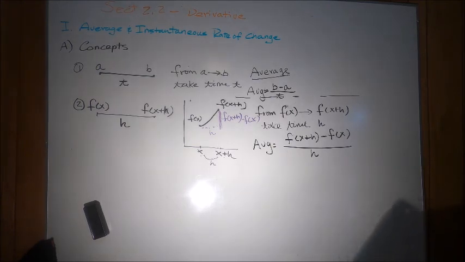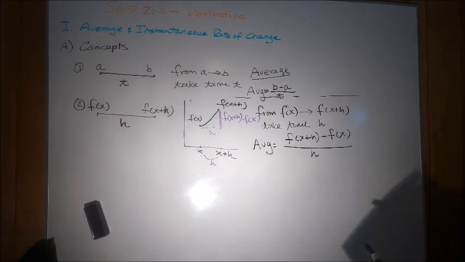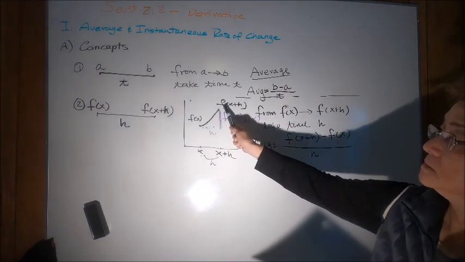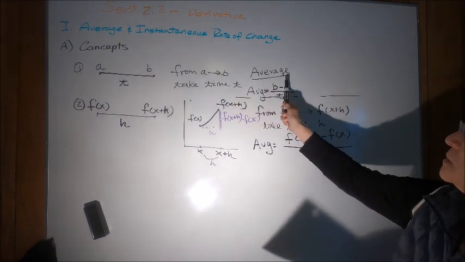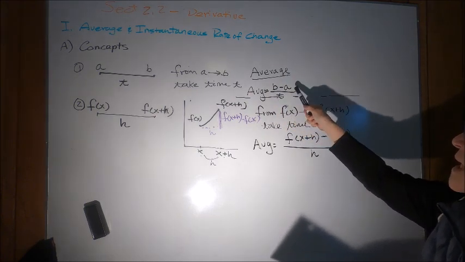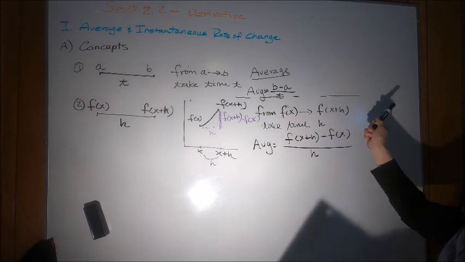So what are we talking about? The average. You have the total distance divided by time. That would be your average speed, right?